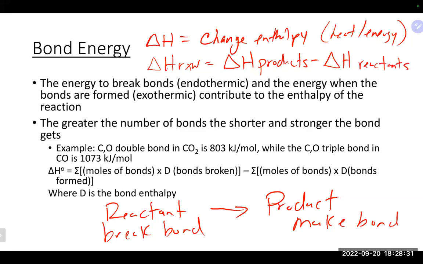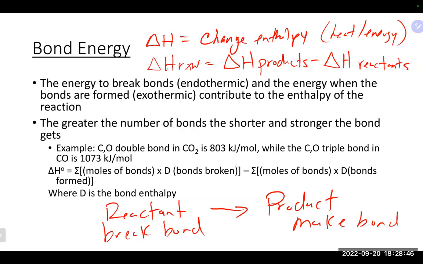So if you were to calculate the delta H of this reaction based on bond energy, or bond enthalpy as it's sometimes referred to, you would add up all the bonds you broke on the reactant side and then add up all the bonds you made on the product side.